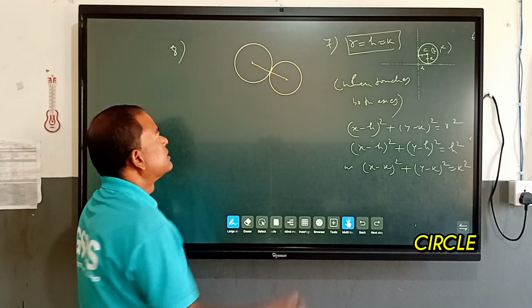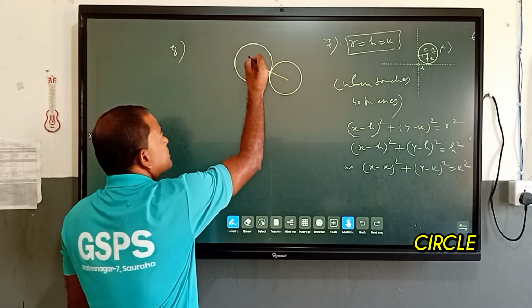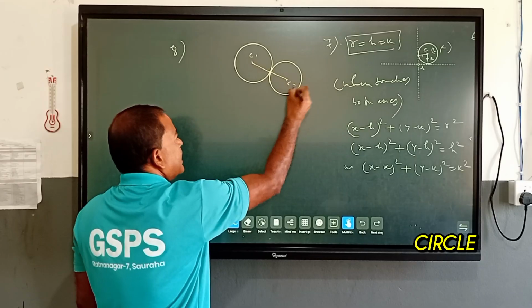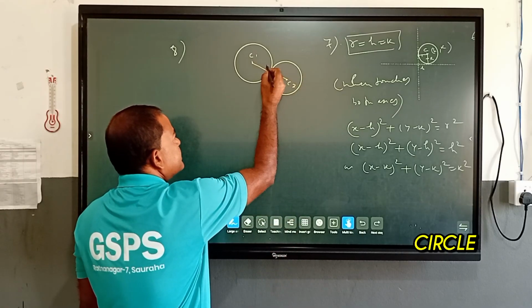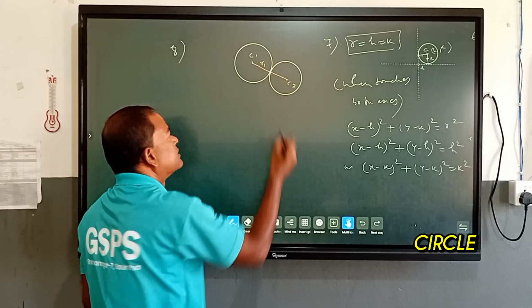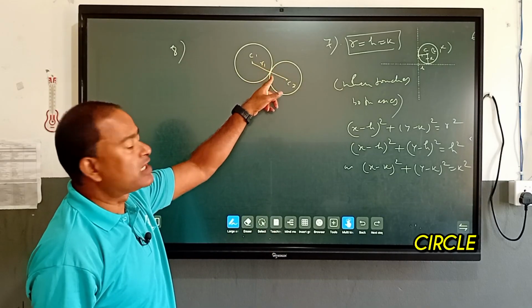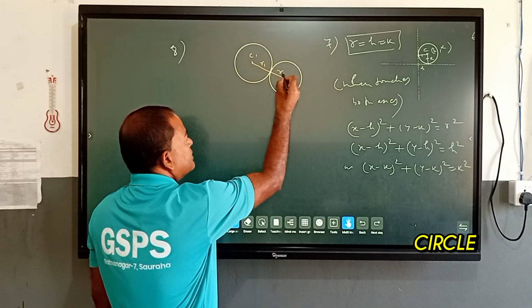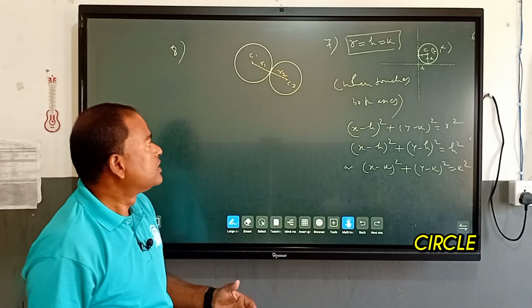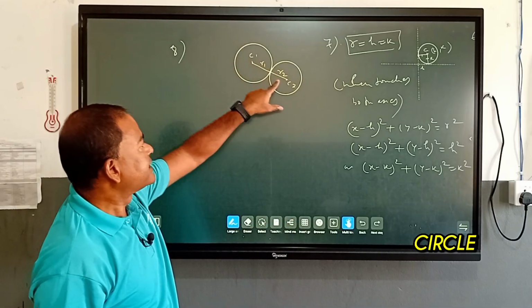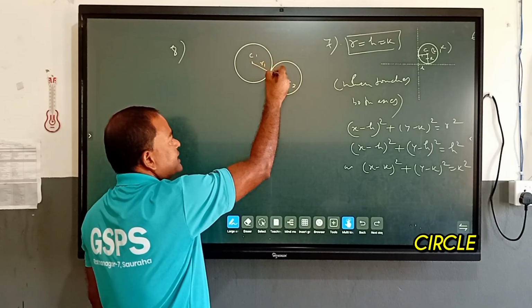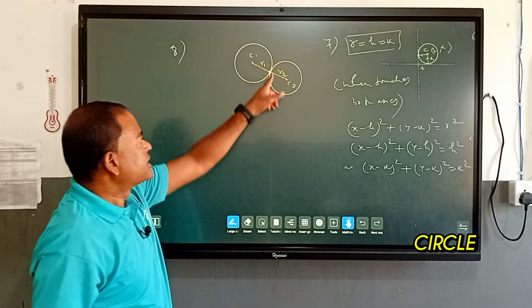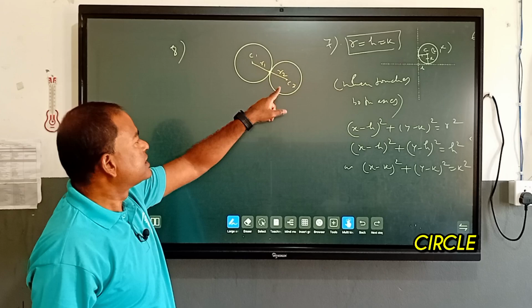Let's suppose C1 is the center of the first circle and C2 is the center of the second circle. Let us suppose the radius of the first circle is R1 and the radius of the second circle is R2. When two circles touch externally, both circles touch each other at this point.